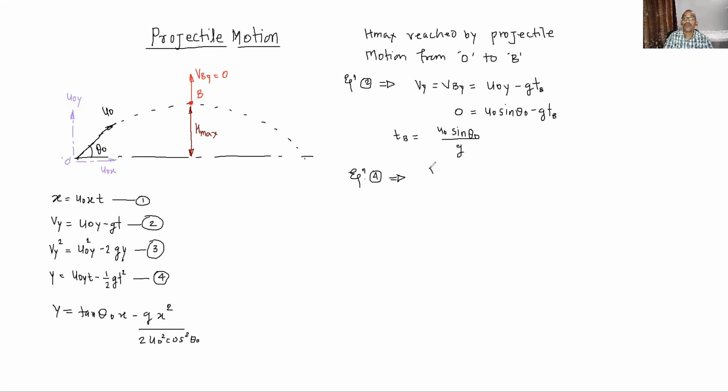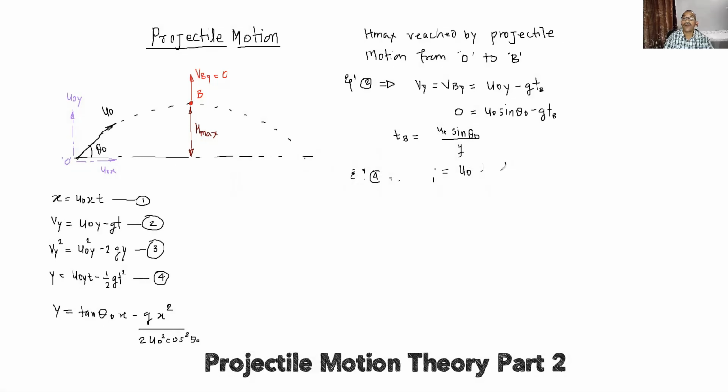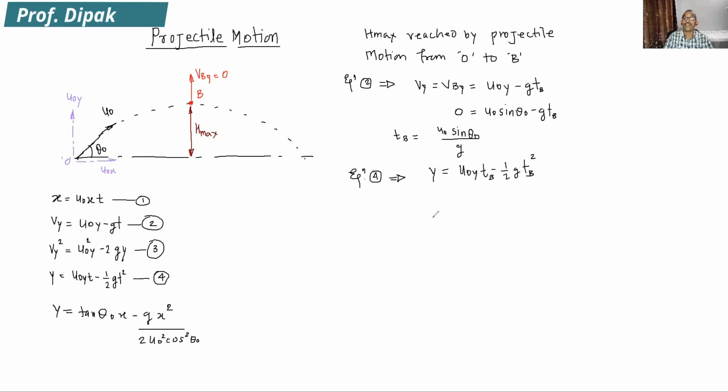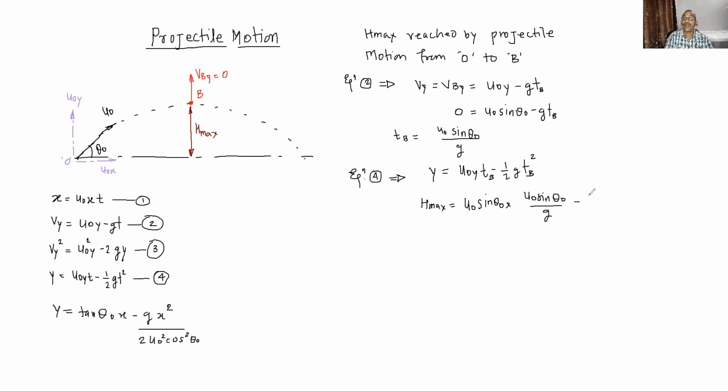The formula of y is u0y t minus half g t square, where t represents the time required to reach location B. This y is nothing but h maximum, which equals u0 sin theta 0 into TB, which is u0 sin theta 0 upon g, minus half g into t square, where t is u0 sin theta 0 upon g, squared.